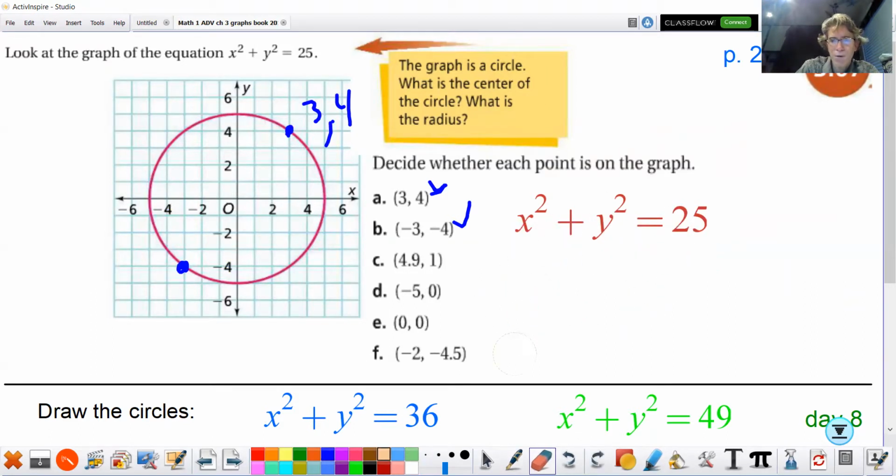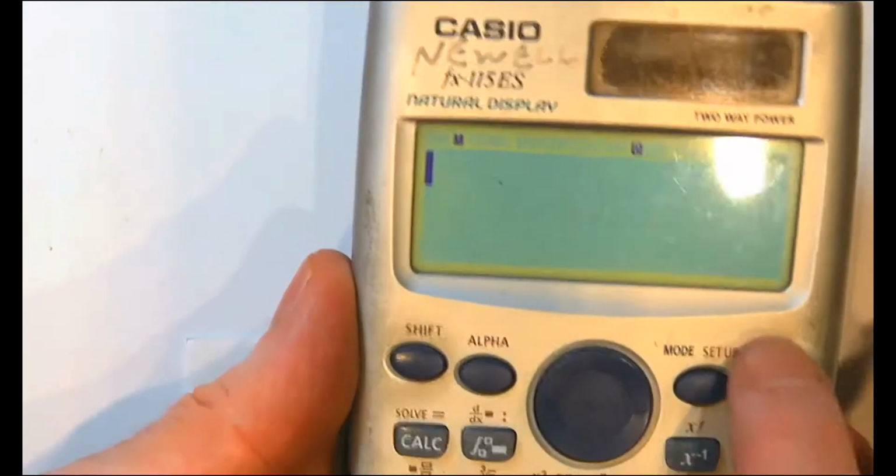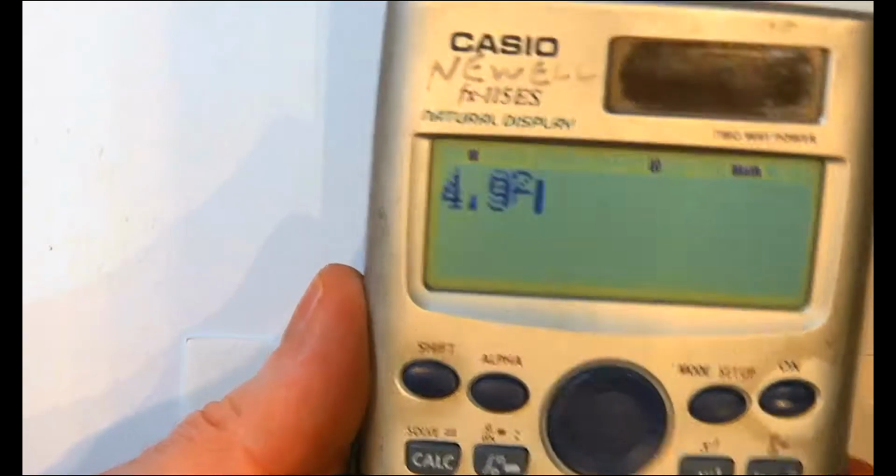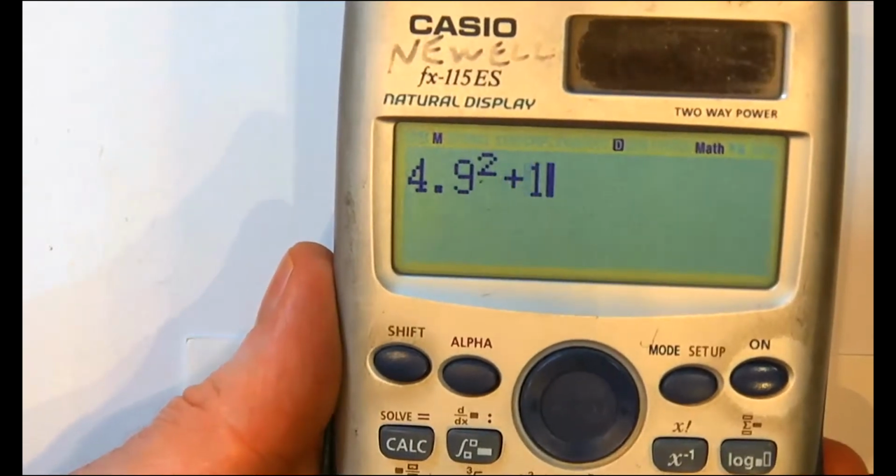You might say 4.9 and 1. Look at right here. Is that 4.9 or is it 5? You could say, well, what if I took a calculator and put that in there? So if I took this calculator and go, okay, 4.9 squared plus 1 squared.